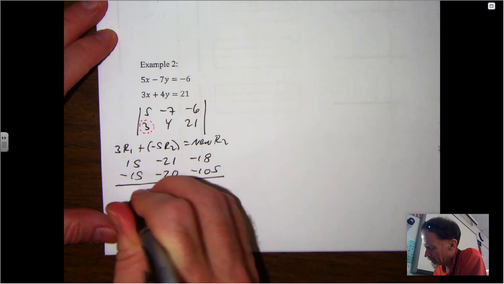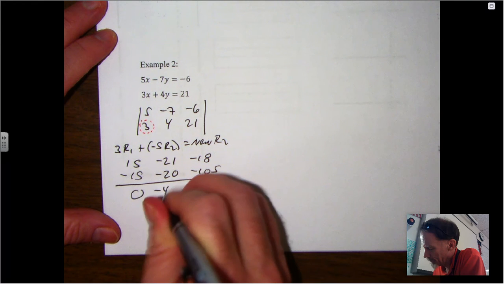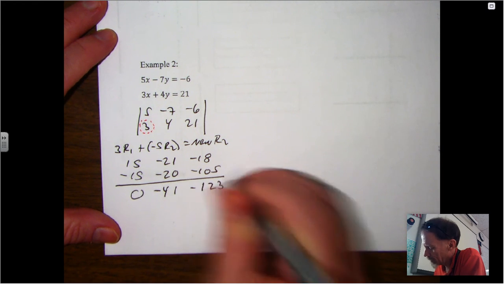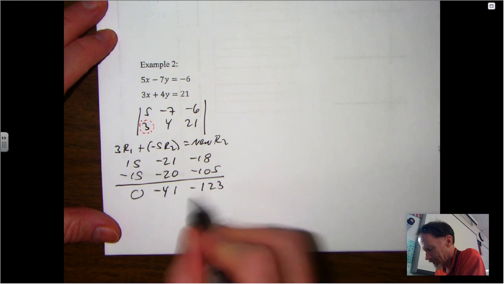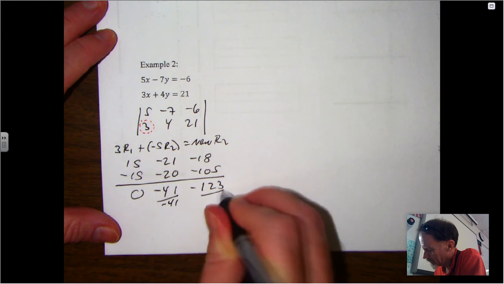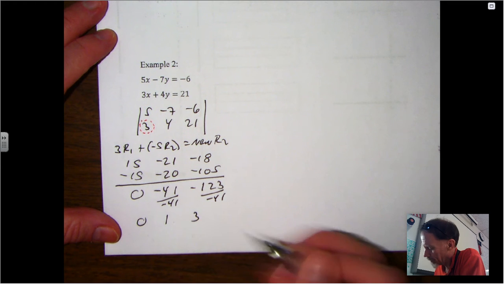Combine those up and we get 0, -41, and -123. Even though they're big numbers, 41 times 3 is 123, so I can divide those by -41 to get a nice clean number: 0, 1, and 3.